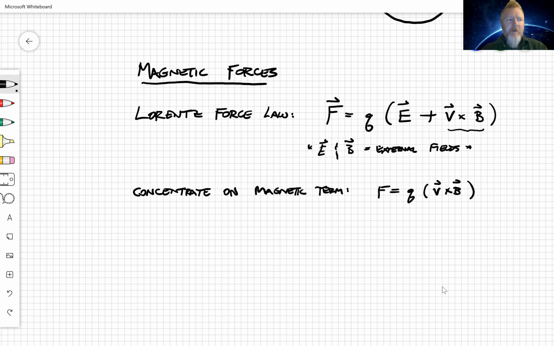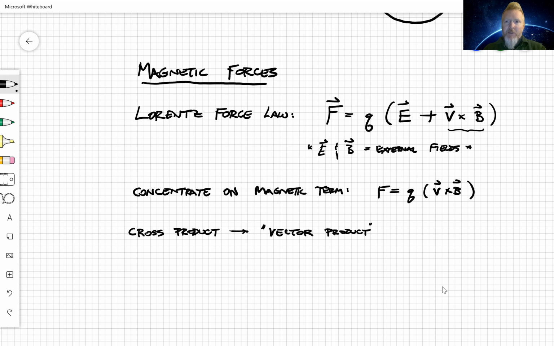And are you all fairly familiar with the cross product? Also known as the vector product. This is a way to multiply two vectors that is not the dot product.